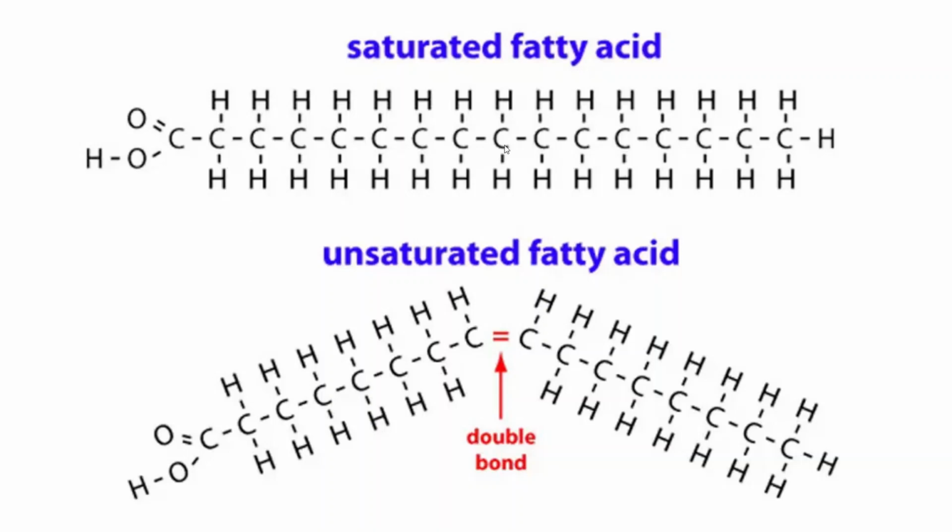And on the right side, you have that lonely hydrogen. We'll talk about what the carboxyl group does a bit later. But otherwise, the saturated fatty acid is completely straight, and it can stack on top of other saturated fatty acids really easily, which makes it a really solid sort of molecule.